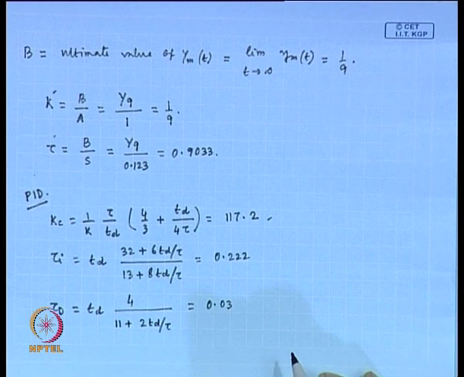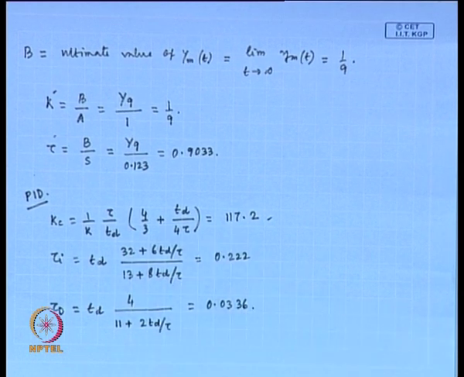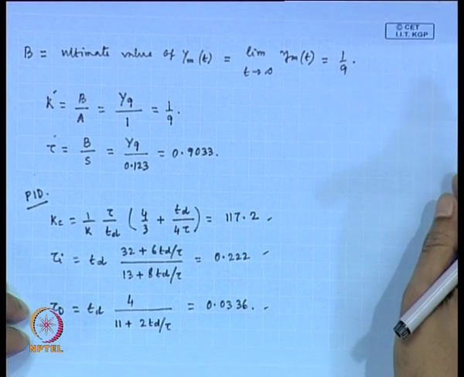And we can calculate this tau d equals 0.0336. Fine. By this way we can tune the controller using the Cohen-Coon technique.